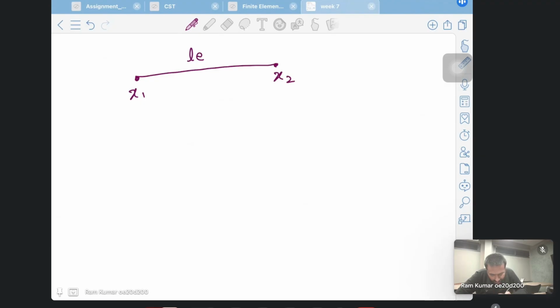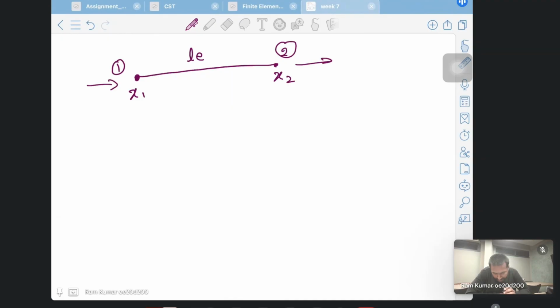This is length LE, and this is node 1. This is node 2. So we are having 2 nodes, x1, x2, and it is moving in the x direction only. This is totally horizontal. It is moving in one direction only.